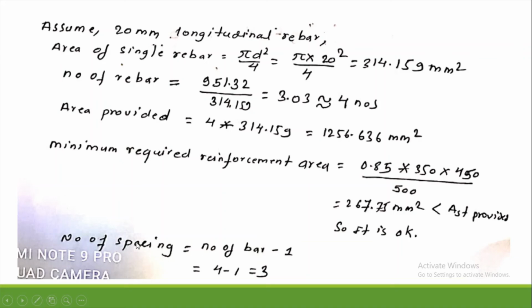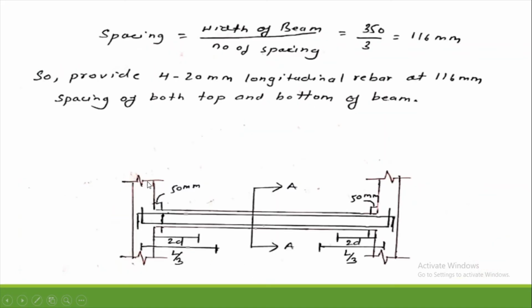Now for spacing, first of all we're going to calculate the number of spacings. Number of spacings is always less than the number of bars. Here number of bars minus 1 is the number of spacings. Here we are getting 3 spacings. After that, we are calculating spacing, which is equal to width of beam divided by number of spacings. Width of beam is equal to 350. Why are we taking the width of the beam? Because our longitudinal reinforcement is going to be placed along the width of the beam, not on the depth side.